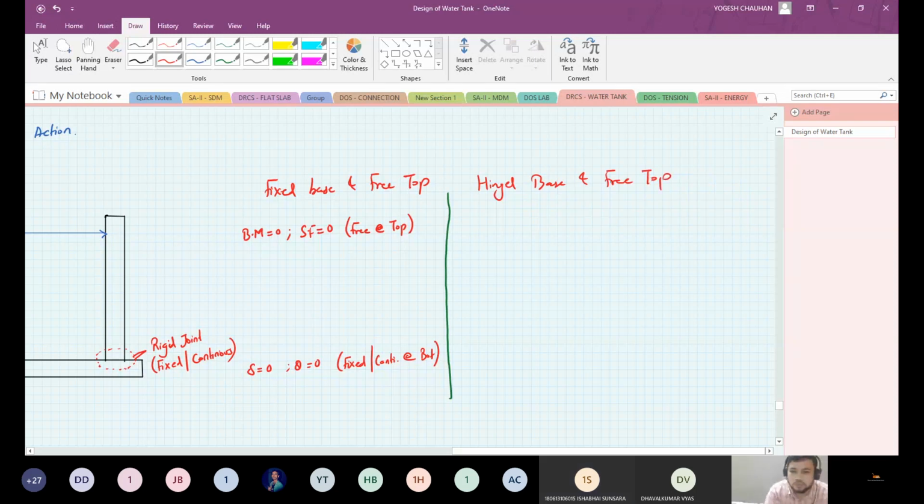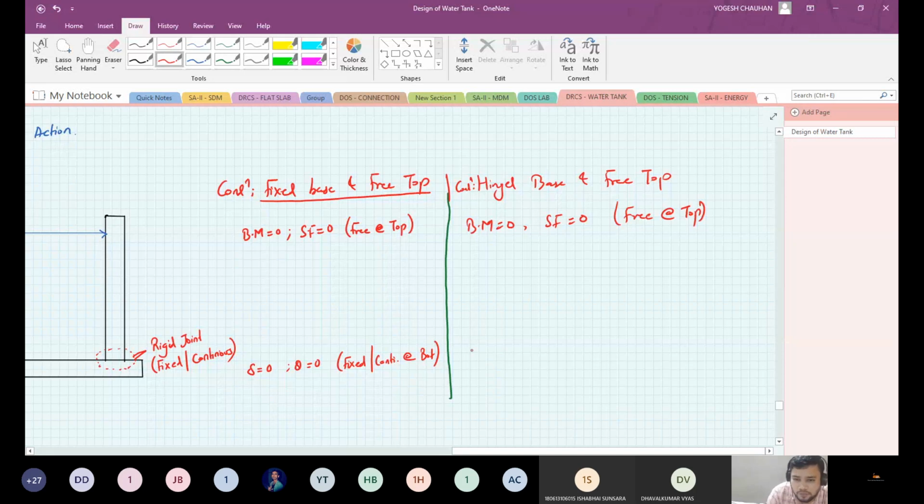So in this condition, for free top, the bending moment is zero at the top. Shear force is zero at the top because it is a free top.